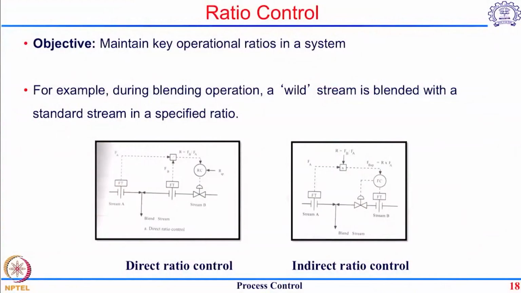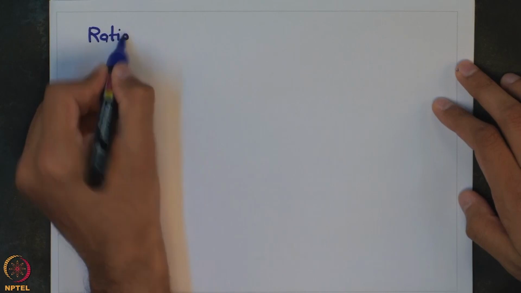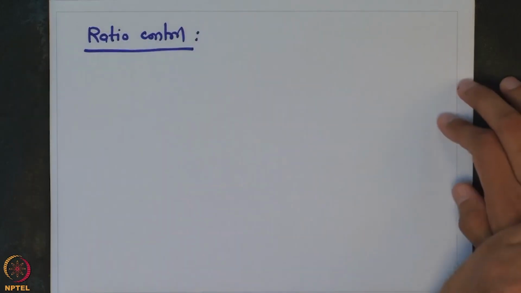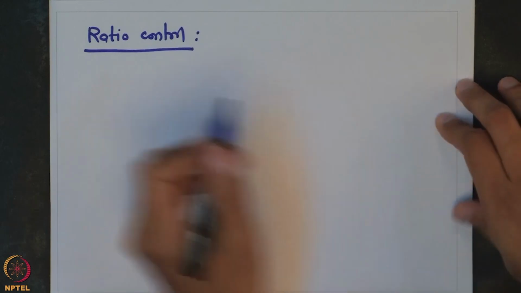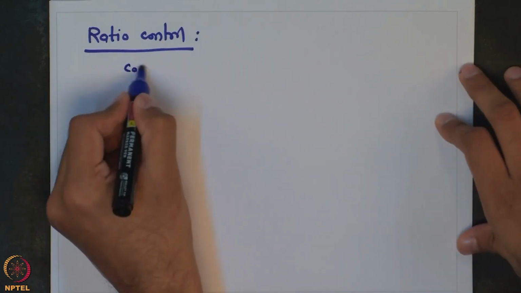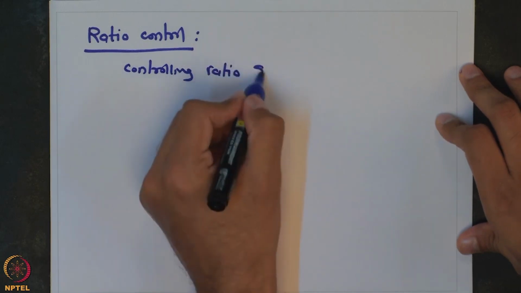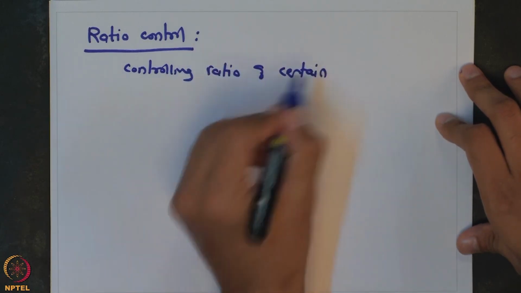Let us now move to another traditional advanced control strategy known as a ratio control strategy. As the name suggests, here we would be controlling a ratio of certain process variables.